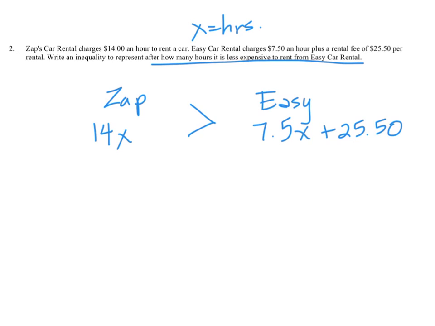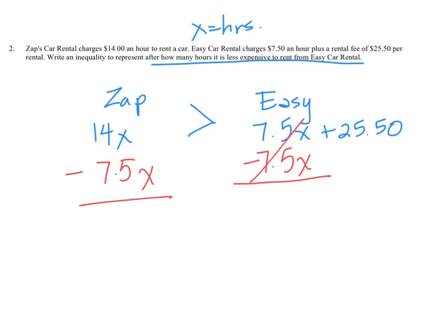We will subtract 7.5x to cancel that out. 6.5x would be left on the left. We keep the inequality sign, and we have 25.50 on the right.